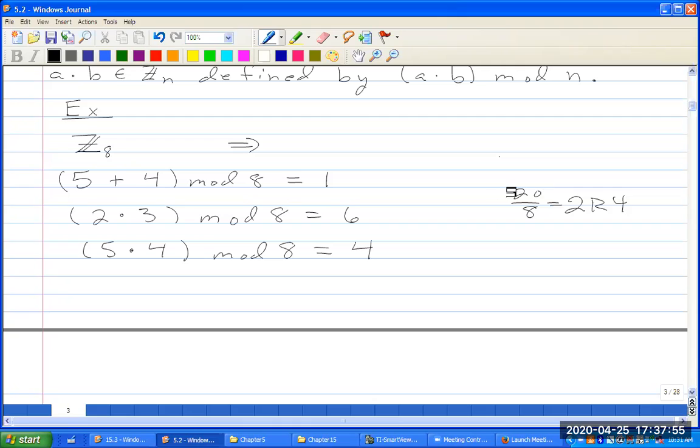You could even do, if you wanted, an exponent, like 2 cubed. Let's do 2 cubed mod 8. Well, 2 cubed is 8. 8 divided by 8 is just 1 with no remainder.